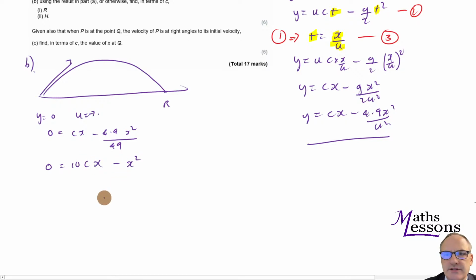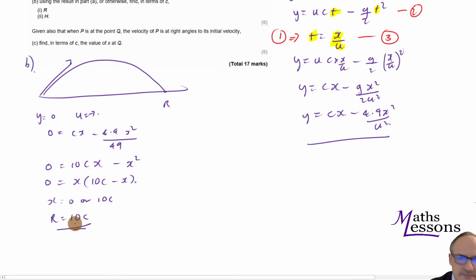Factorize it out, and we can see that x equals 0 or 10c, which is good because x equals 0 when we start and we're at 0 on y. So the point R will have x equal to 10c.